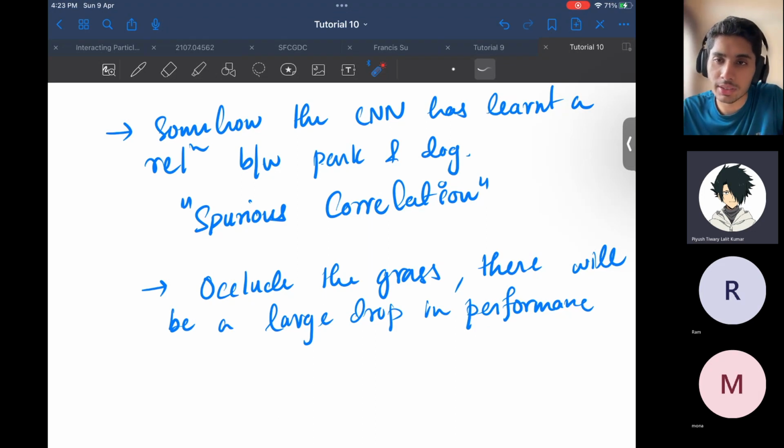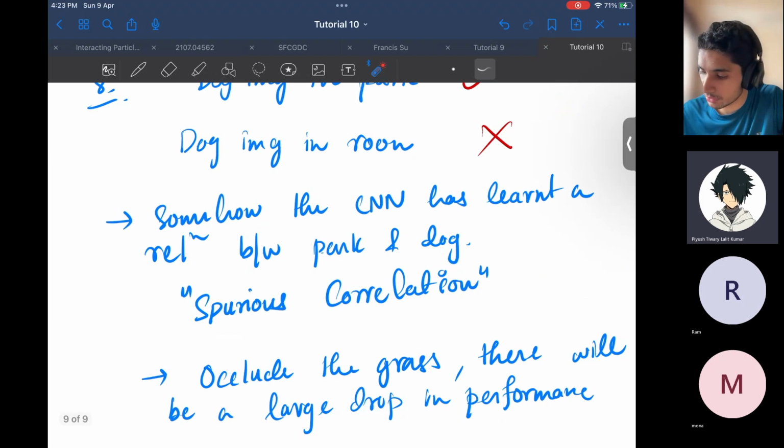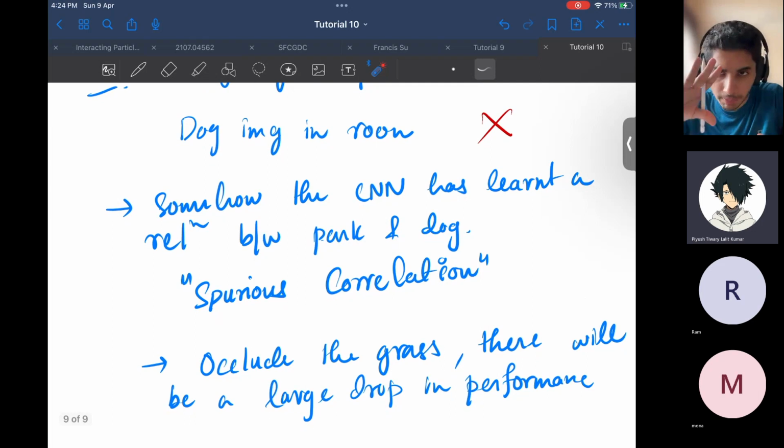However, this is not correct. So because you have some bias in your data set, you might encounter something called spurious correlation very frequently. And the spurious correlation that the network learned here was between park and dog. Hence if you occlude the park part of the image, you will observe that there is a large drop in the performance. Okay, all right.